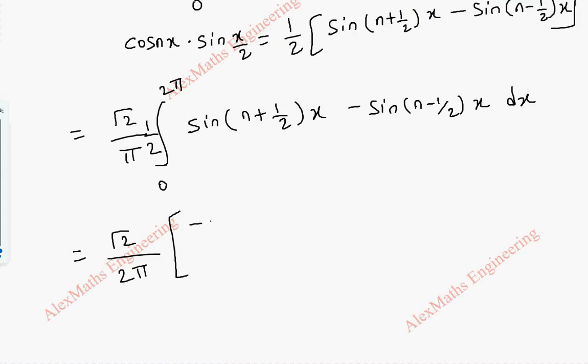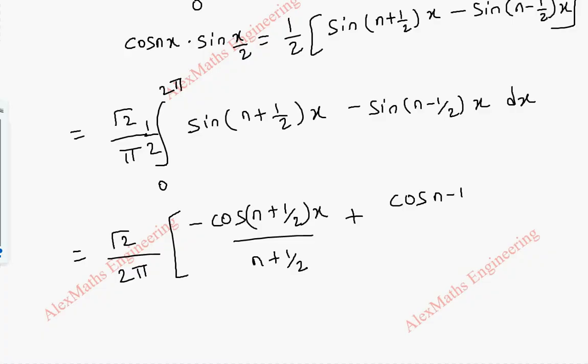On integration, we get minus cos of n plus half x by n plus half, minus of minus, plus, and this becomes cos of n minus 1 by 2 into x by n minus 1 by 2, and we have the limit from 0 to 2 pi.